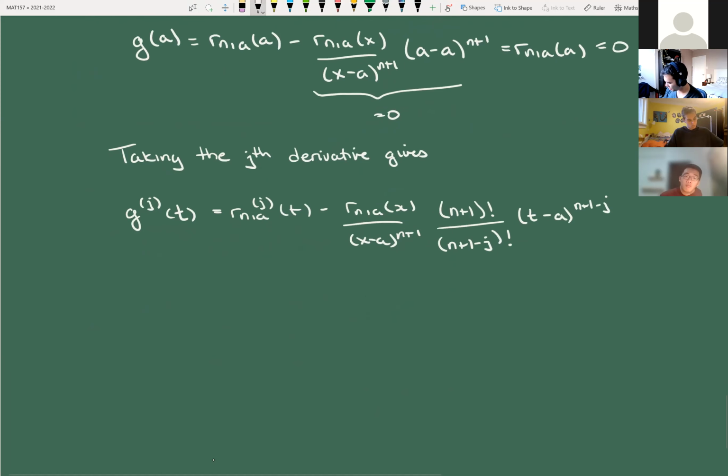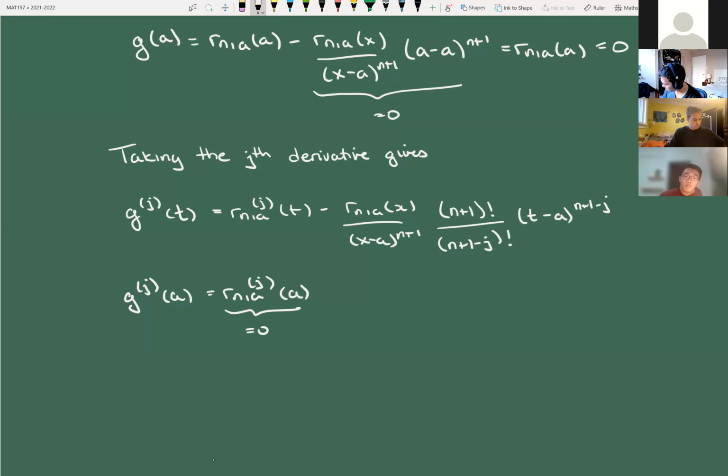So now if I plug in a, I'm going to get R_n,a^(j) of a. Okay, this thing again is still equal to 0, right? We said by construction of the Taylor polynomial, it guarantees that all of these things are 0.